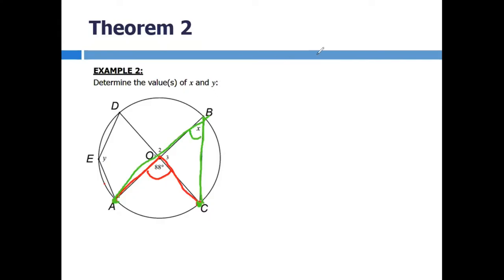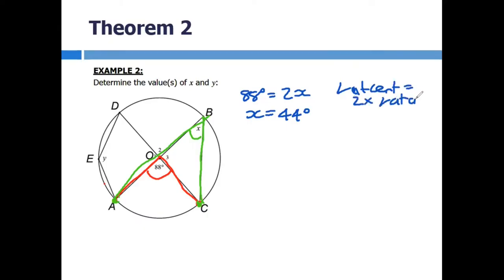So using our new theorem, which I'm not saying you have to do, but I want you to be used to seeing this theorem like this. Okay, you know that the angle at the center is equal to 2 times the angle at the circumference, which again gives you x is equal to 44 degrees. Angle at center equals 2 times angle at circumference.